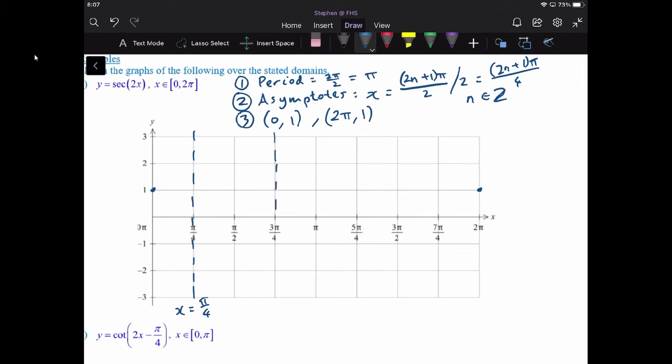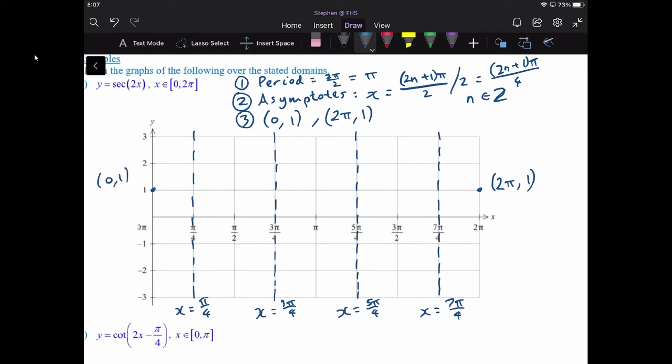We can have another asymptote at x equals 3 pi on 4, another one at 5 pi on 4, and finally the last one at x equals 7 pi on 4. Now let's just quickly write the endpoints. So (2 pi, 1), and on the left we have (0, 1).